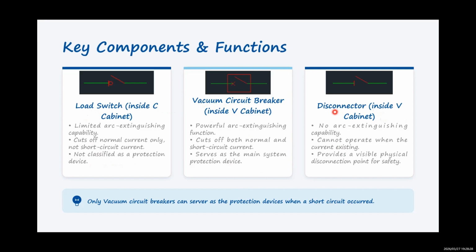Without arc extinguishing capability, we cannot operate it when current exists. The disconnector just provides a visible physical disconnection point during system maintenance, ensuring personal safety. To conclude, only the vacuum circuit breaker can serve as the protection device when a short circuit occurs.